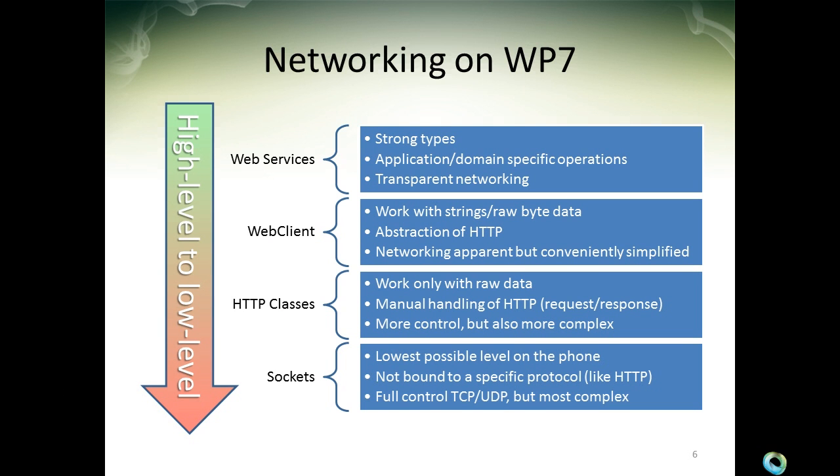Because we can categorize and order the available options based on their level of complexity from high level to low level. We have the web services as the highest level feature of networking on Windows Phone.